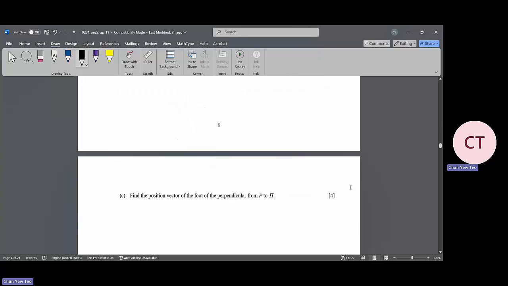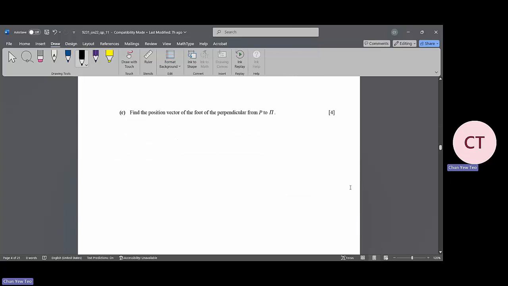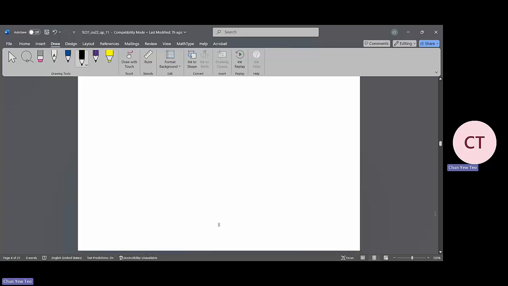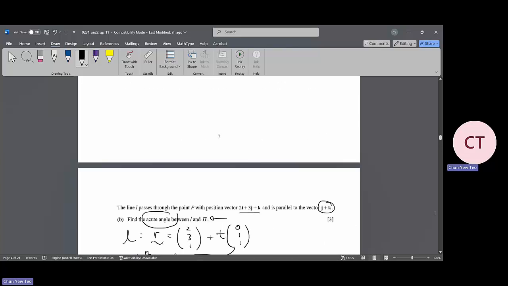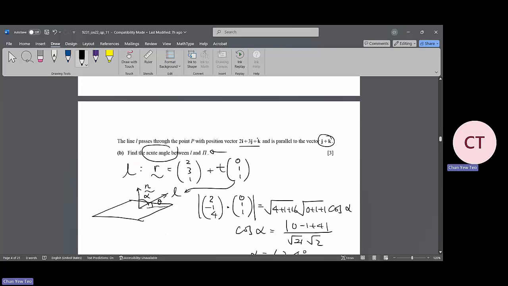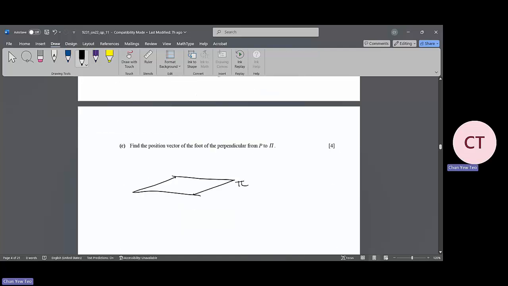Now we move on to question C. Find the position vector of the foot of the perpendicular from P to pi. So we have a pi here. What is P? This is P. Let's say P is somewhere here.